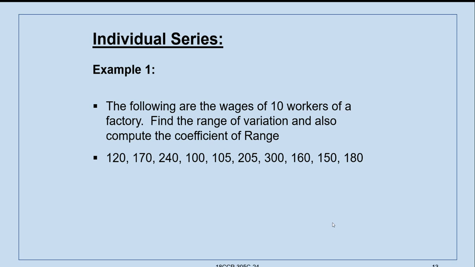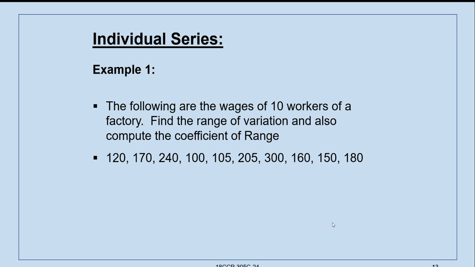So here, if you observe very carefully, up to 205 the values are almost uniform, with a uniform difference or a little bit more or less, up to 240. Suddenly it has risen to 300. So we are interested in the smallest value and highest value only. Smallest being 100 and highest being 300.